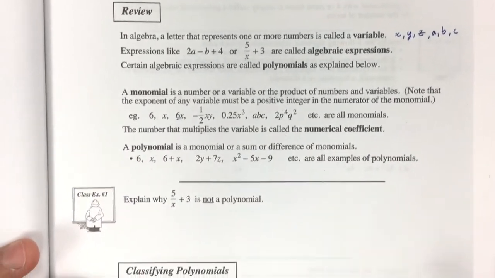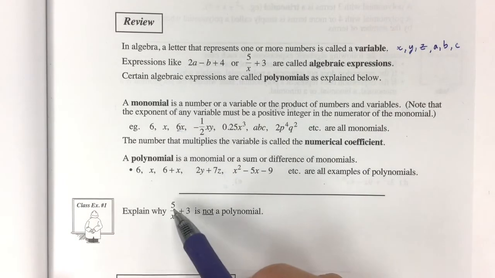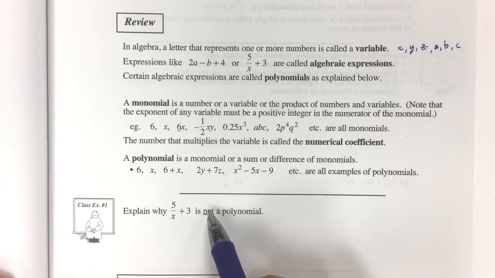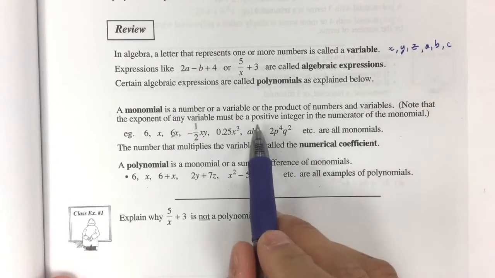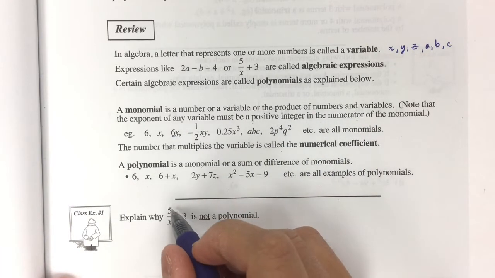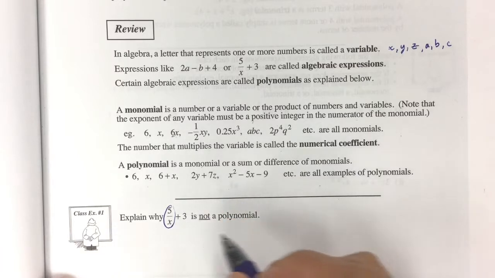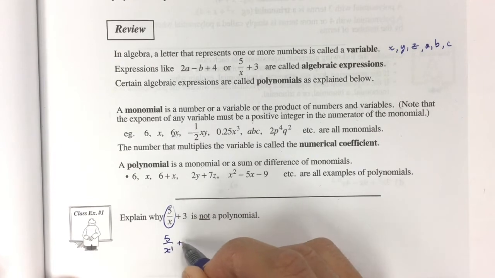Now, example number 1. Explain why 5 divided by x plus 3 is not a polynomial. Well, one of the criteria for polynomials is that it has to have a positive integer exponent. Now, this 5 divided by x, we could express as 5 divided by x to the power of 1, plus 3.